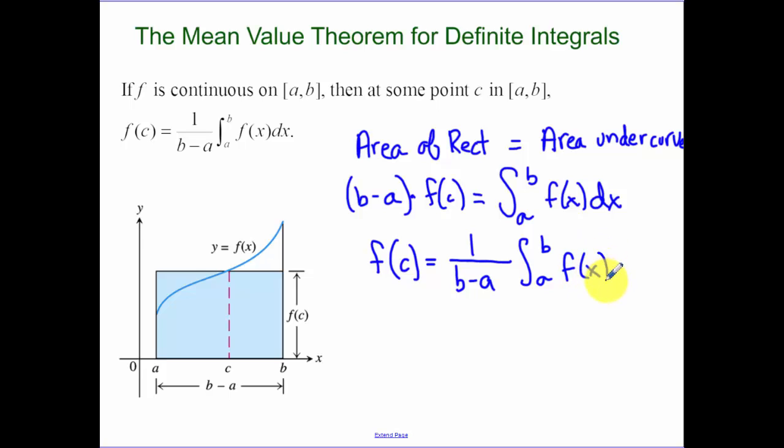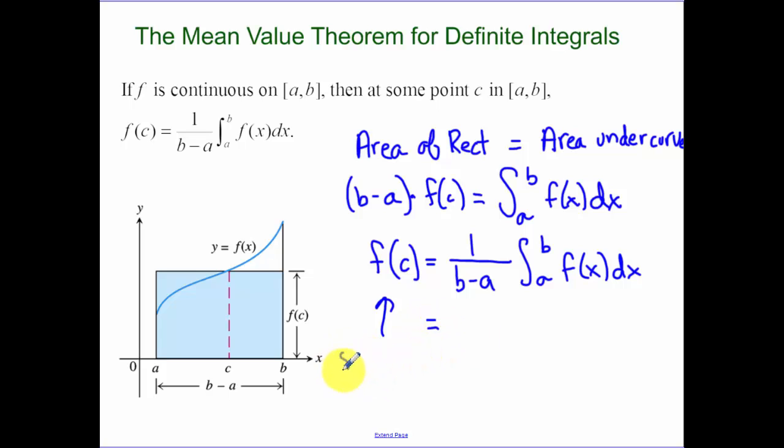I know that there's some point c on my graph where the function is going to actually have the same value as the average value. Okay, so that's what this really means.